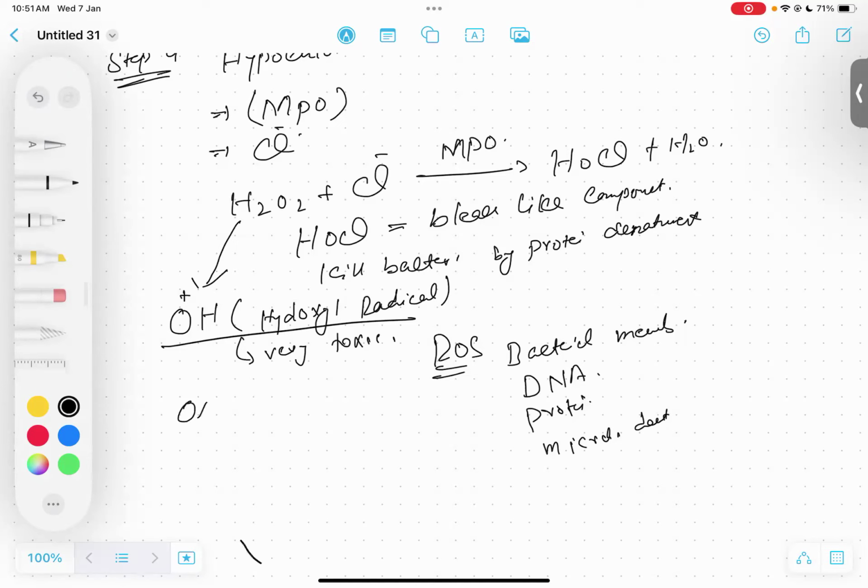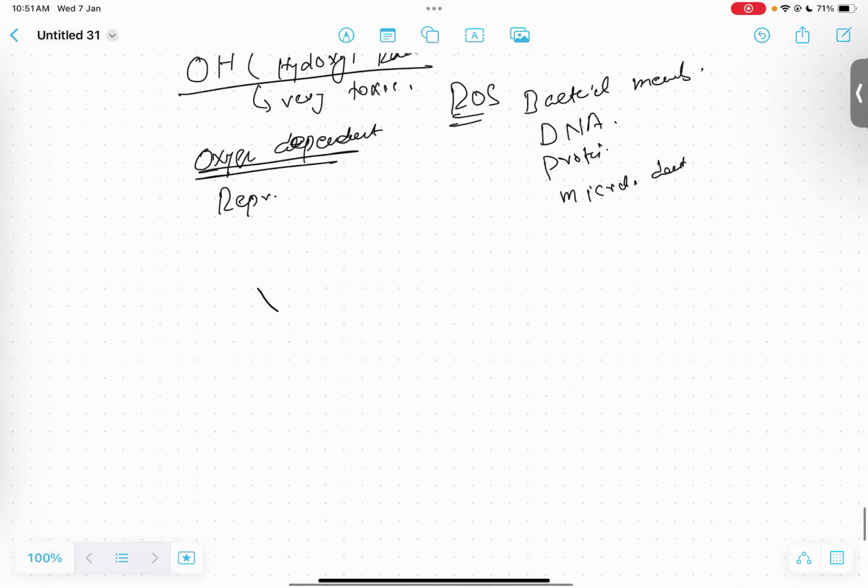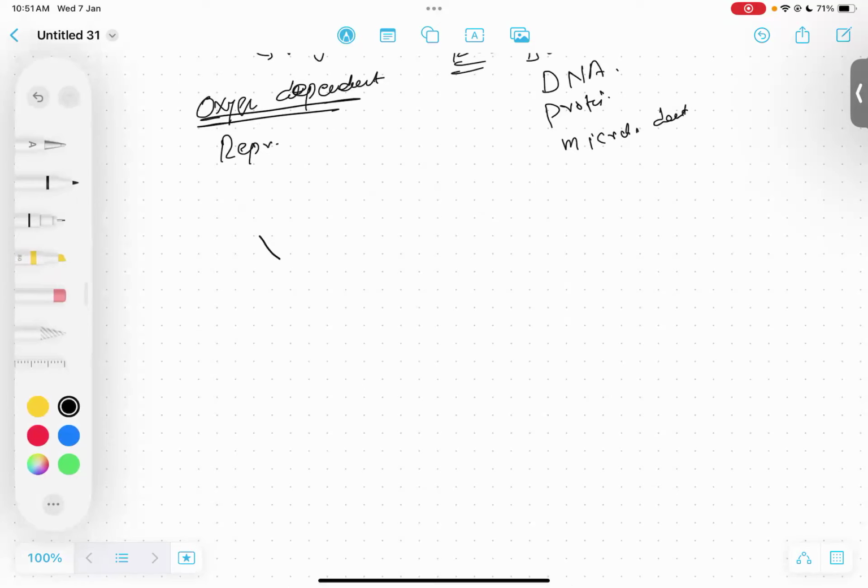And without oxygen is actually lysozyme and granzyme.